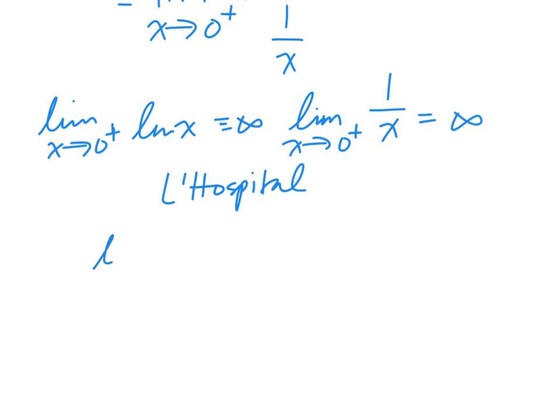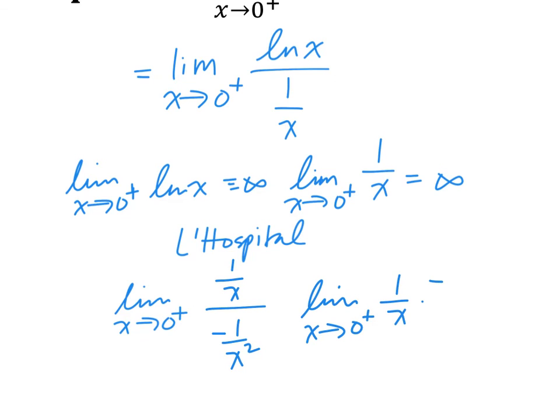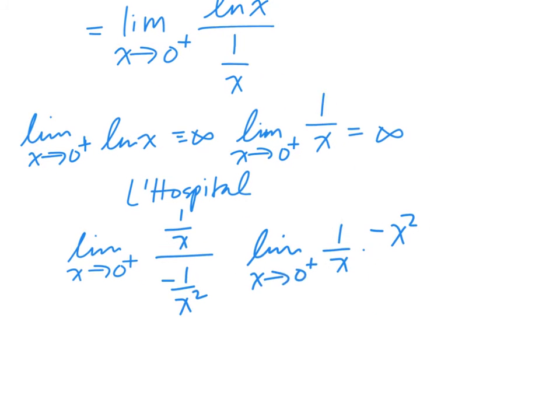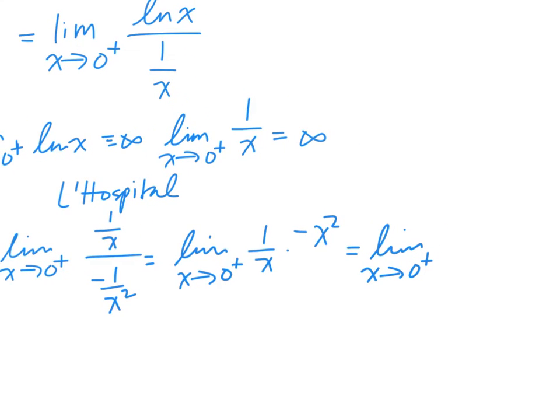All right, L'Hopital, limit as x goes to 0 plus. What is the derivative of natural log x? 1 over x. What is the derivative of 1 over x? Negative 1 over x squared. Okay, limit as x goes to 0 plus of 1 over x times negative x squared, which is negative x, is 0.